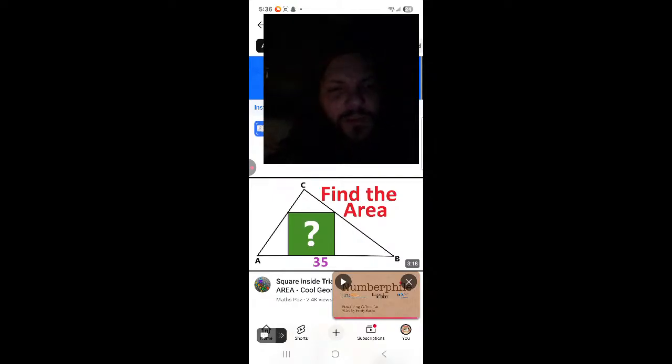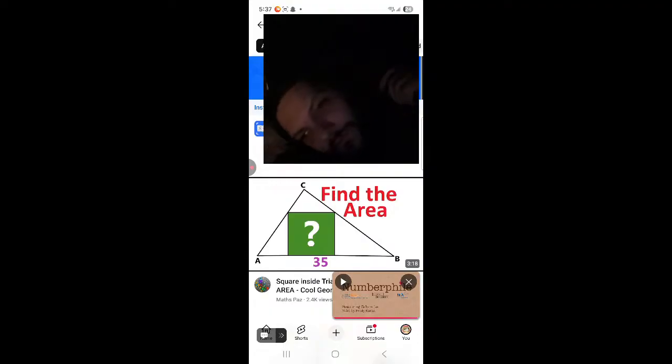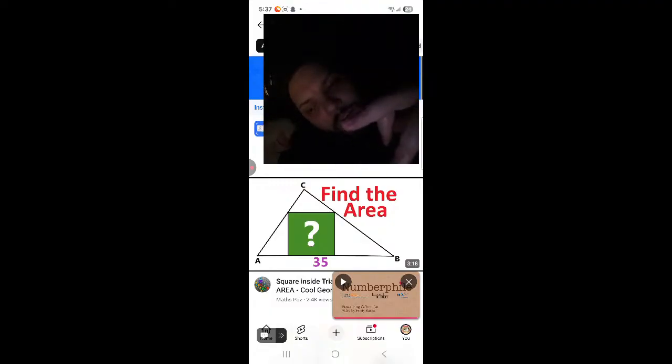See, this is a similar type of thing. But again, that's a right angle triangle because I can tell from twisting my head to the side that the angles are still the same.